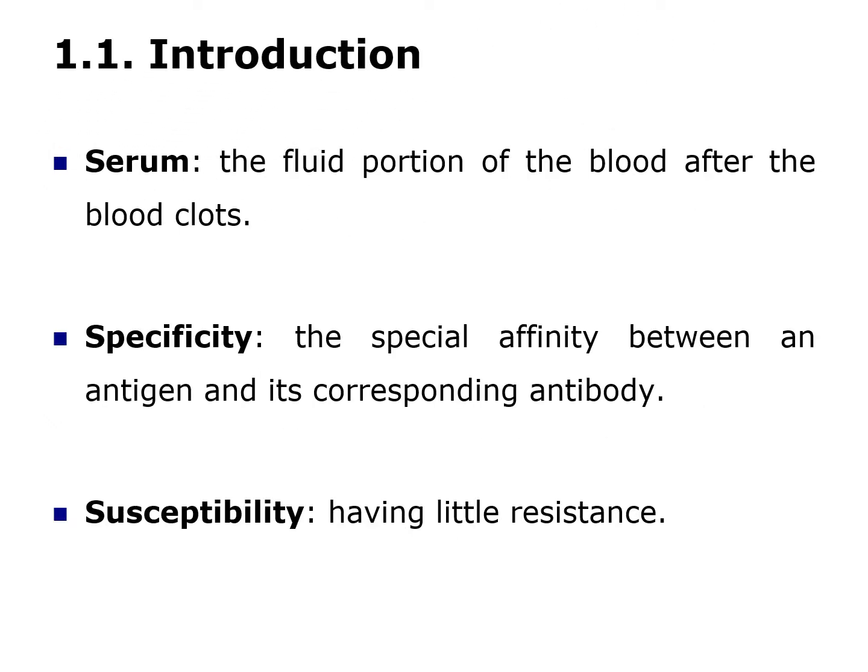Right, so we already know what is serum, what is plasma. Both of them are the liquid portion of the blood, except that serum is obtained from clotted blood, while plasma is obtained from anticoagulated blood or whole blood.